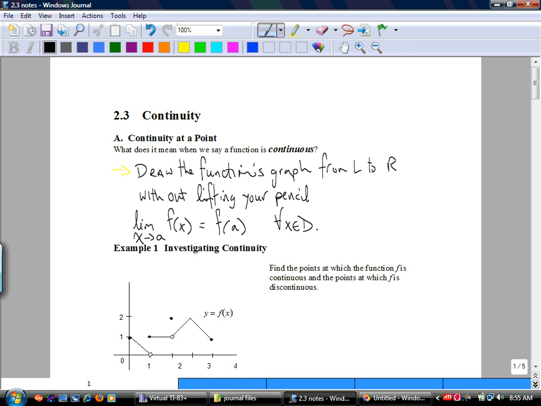The upside down A is "for all." x is in the function's domain. What it's saying is, every single point as you move from left to right, the limit from the left and the limit from the right have to match, and they have to exist, and there has to be a number, and it also has to match the y value there.